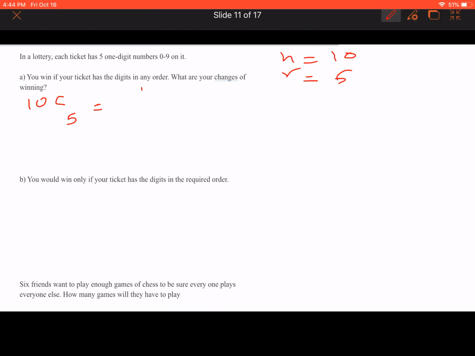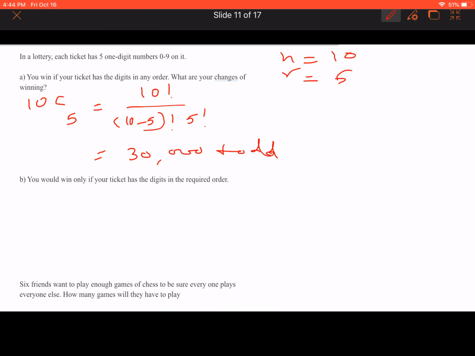So n factorial is 10 factorial by (10 minus 5) factorial into 5 factorial, which is going to give a combination of 30,000 and something. Okay, I don't know the exact answer.